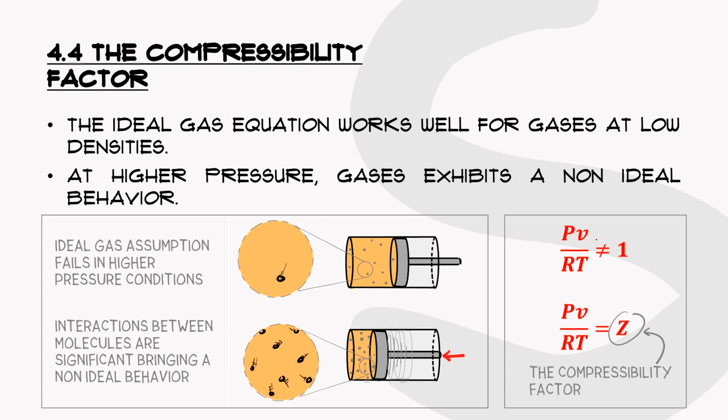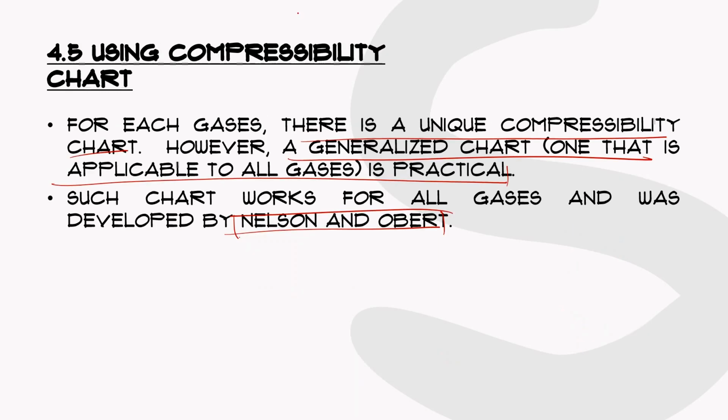So if we want to use the equation PV is equal to RT, then with increased pressure there are going to be deviations from these ideal conditions, and that is why we are going to introduce this compressibility factor, and we use the symbol Z.